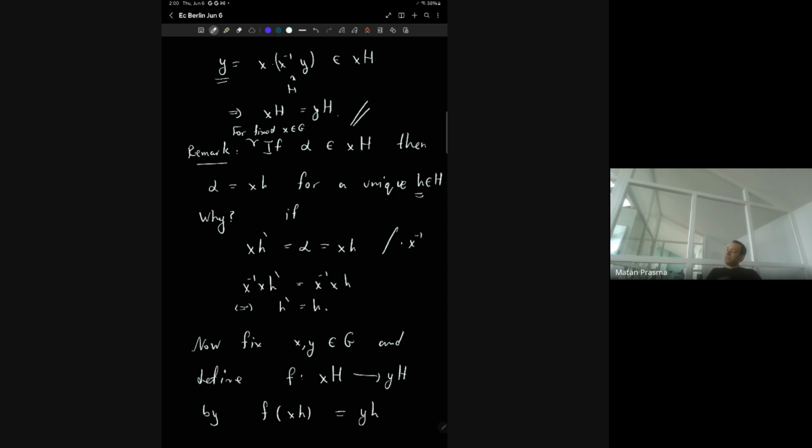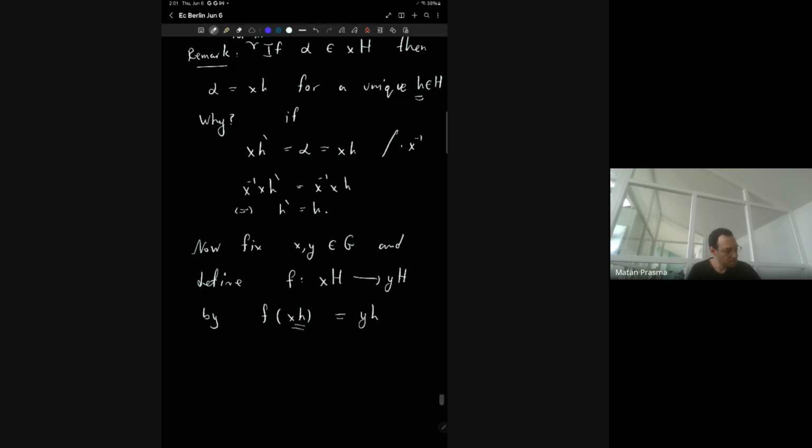Okay, this function is well defined because of the remark. Because I know that every element in the coset xH has a unique representation as xh, and I take this representation and I map it into another unique representation yh. Now I claim, okay, f is clearly surjective.